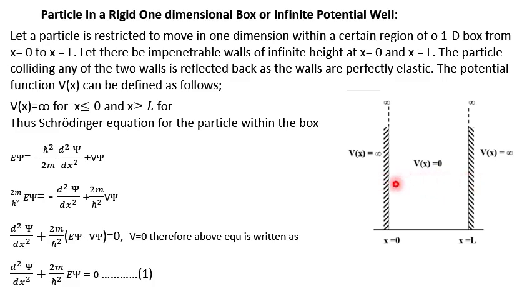Its kinetic energy is maximum inside the box, but its potential energy is 0. Therefore, inside the box the potential energy is 0, because the particle is continuously moving inside, but its potential energy is infinity at x equal to 0 and x equal to L, because it is not able to penetrate.